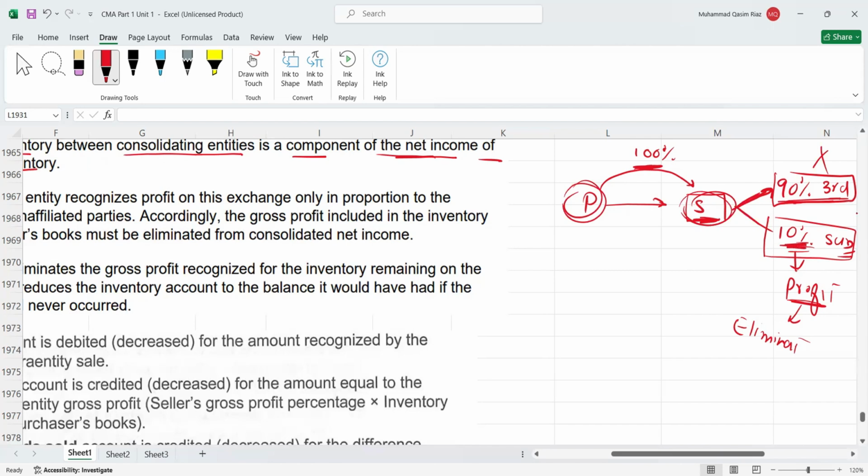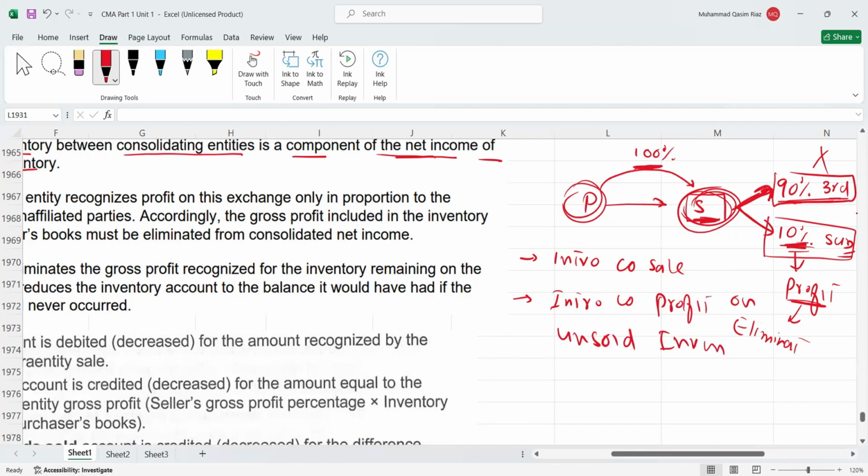Now guys, what we have to do in this scenario: some inventory is sold to the third party, and some inventory is still held by the purchaser. In that scenario, we have to do three things. We have to eliminate the intra-company sale. We also need to eliminate the intra-company profit on unsold inventory. Why are we eliminating the profit?